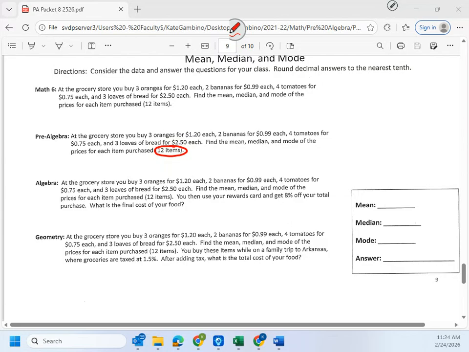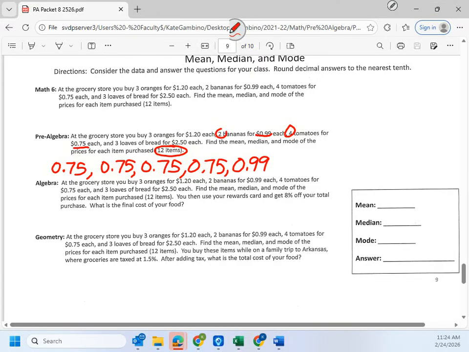So my smallest amount here I see is 75 cents, and I have 4 tomatoes for that 75 cents. So as I write out my numbers, I'm going to put 4 tomatoes. Then my next number, 99 cents, I have 2 of them. So I'm going to put that next. Make sure you have all 12 numbers listed.